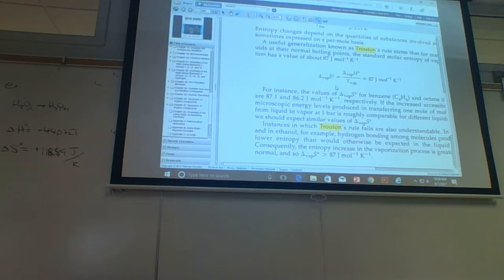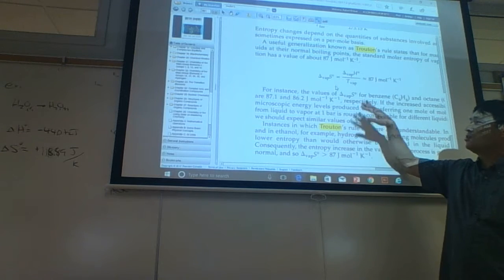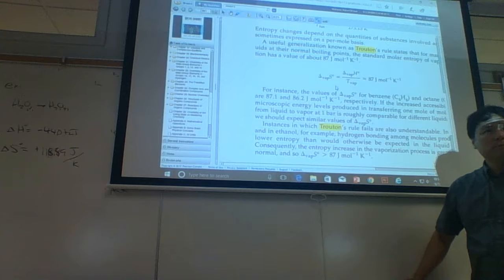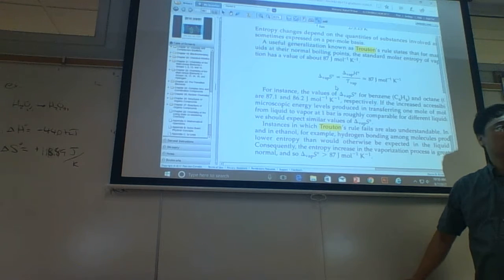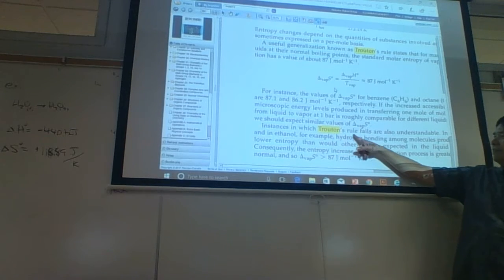But this is a rule, so there's got to be exceptions. And so how good is that? Well, it's okay for a lot of organic liquids. It works out pretty decent. Not so bad. But where does Trouton's rule fail?